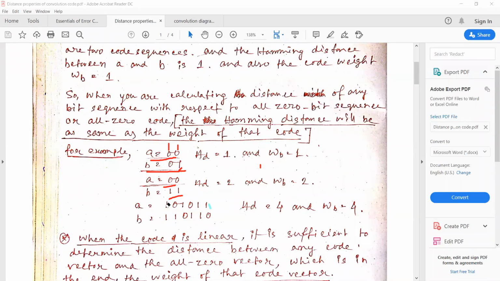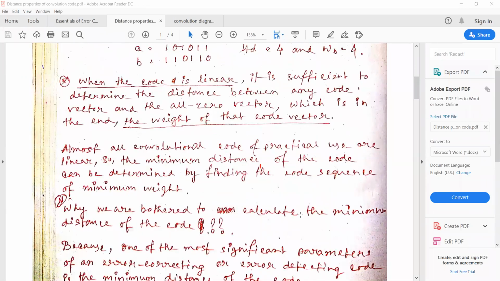But the generalized thing is that when the code is linear, the Hamming distance will be calculated with respect to the all 0 code, right? So when the code is linear, it is sufficient to determine the distance between any code vector and the all 0 vector, which is in the end the weight of that code vector.